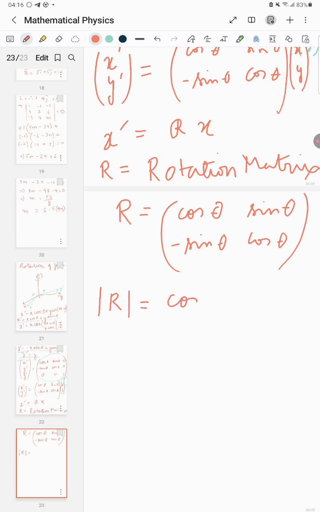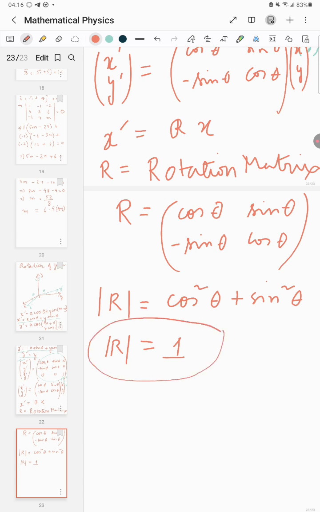That would be cos square theta plus sin square theta, and we know that cos square theta plus sin square theta is equal to 1. So this is what we need. So basically every rotation matrix has a determinant 1, and for any transformation to be rotational, its matrix should have a determinant of 1.